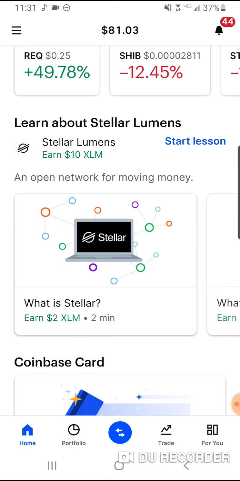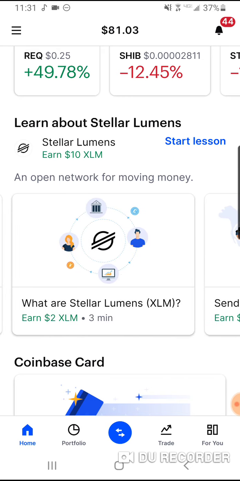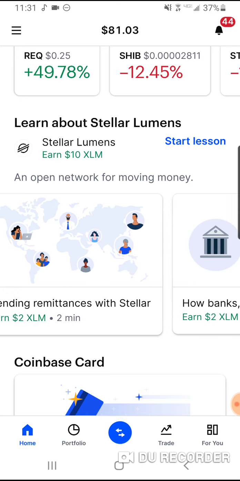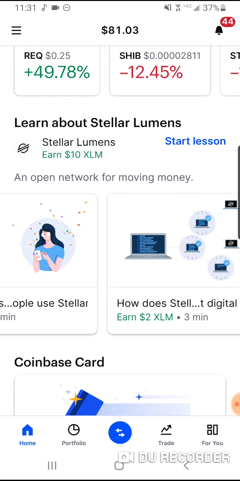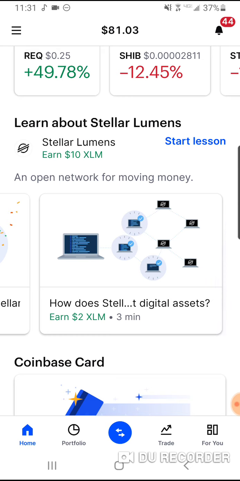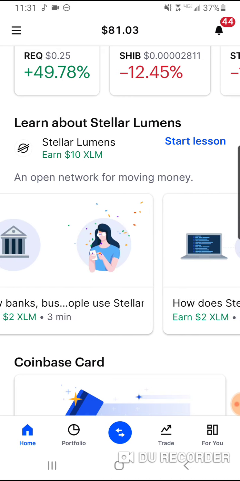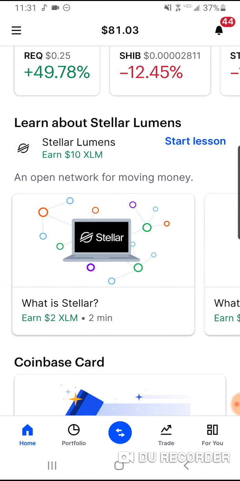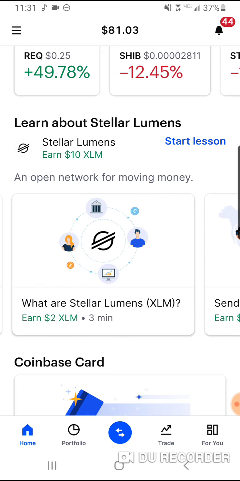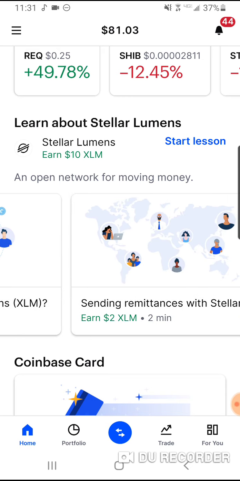So it would tell you here how many minutes you're gonna learn and what you're gonna earn in each lesson. For example, this first lesson is about what is Stellar. You're gonna learn it in 2 minutes and earn $2. This one is what are Stellar Lumens, and you're gonna learn it in 3 minutes and earn $2.